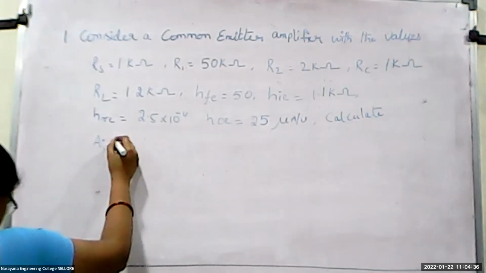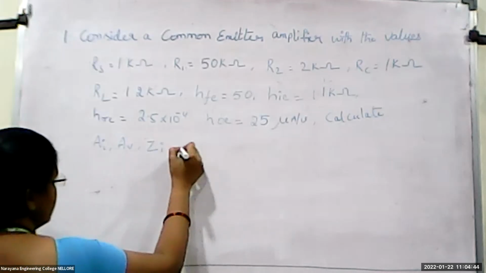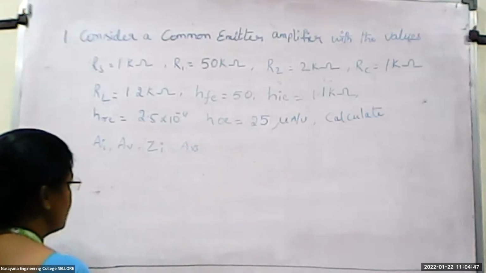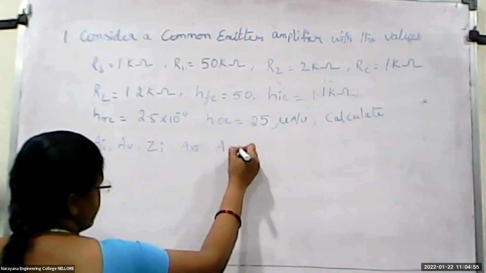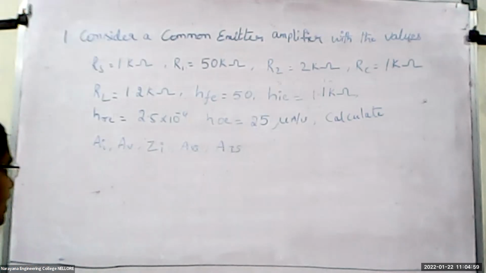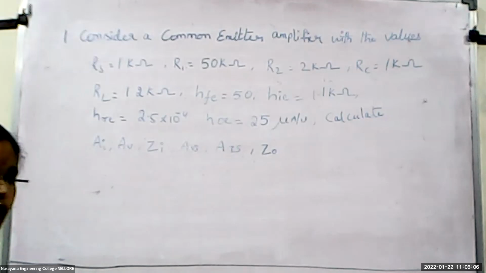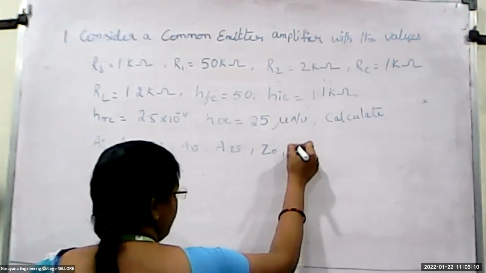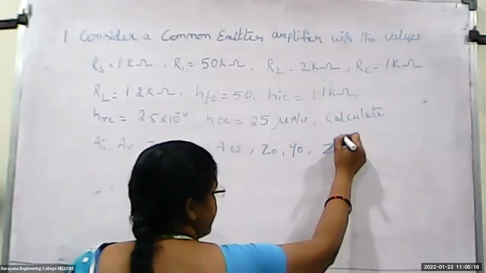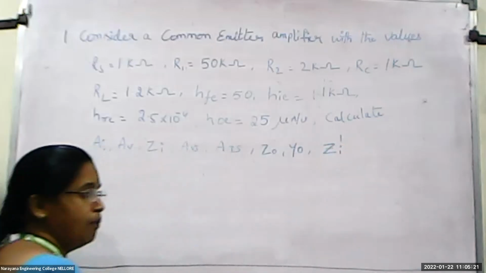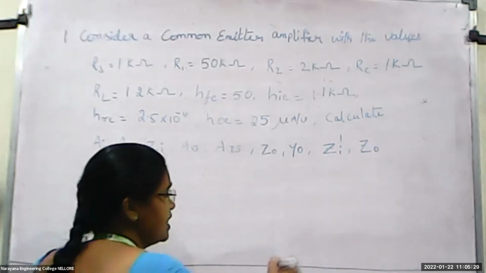Calculate AI current gain, AV voltage gain, input impedance ZI, AVS source voltage gain, AIS source current gain, output impedance Z0, output admittance Y0, overall input impedance Zi dash, and the last parameter, overall output impedance Z0 dash.